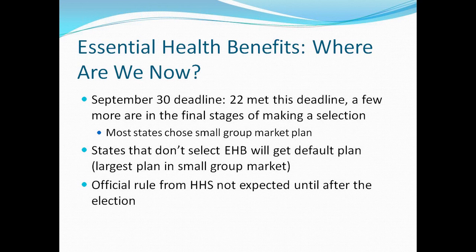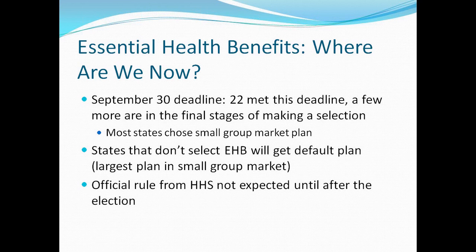Most states ended up choosing a plan in their small group market to comply with the essential health benefits. There were just a handful of states, I think 3, that chose their state employee plan, and one state whose plan they chose is both the largest HMO and the largest small group plan. We can get into more of that in questions if folks would like to.